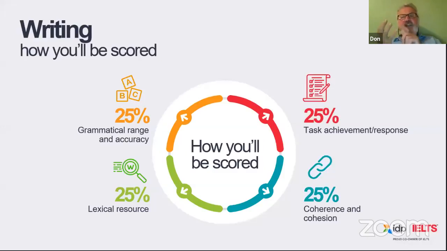Now, it's not just grammatical accuracy, it's grammatical range as well. This means that you can write a short sentence and you can also write a longer sentence. All of your sentences don't have to be long. Good English writing is a combination of short sentences and longer sentences.